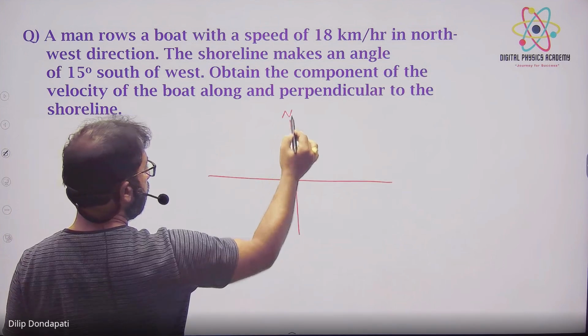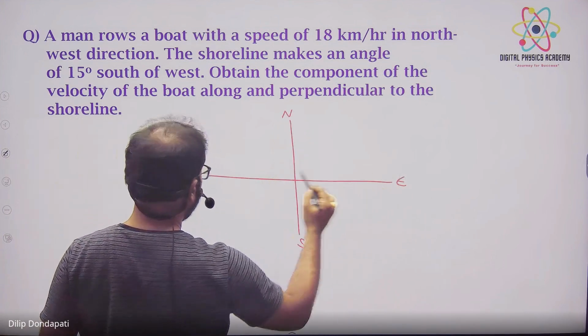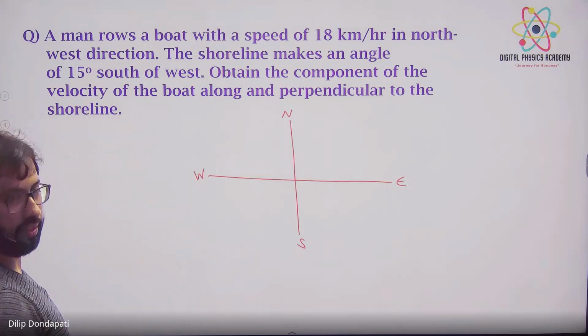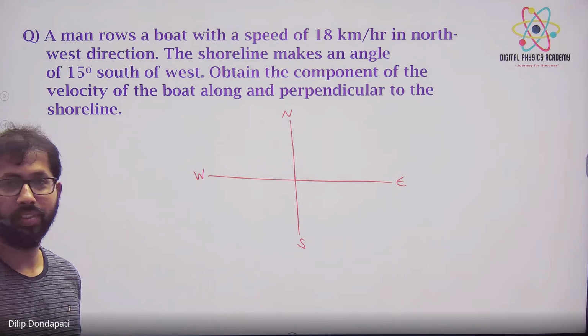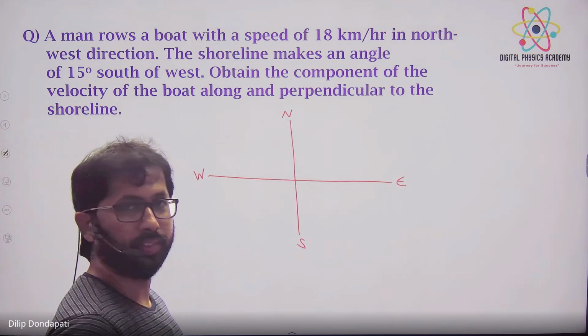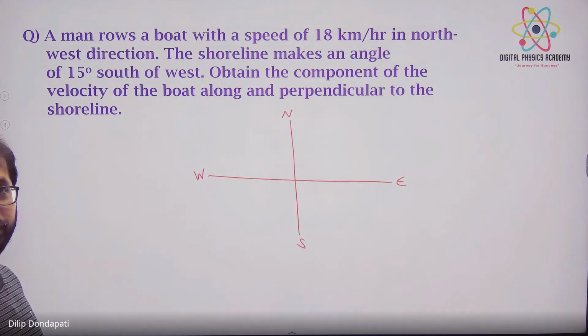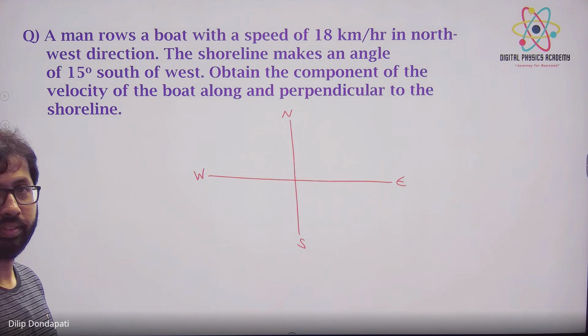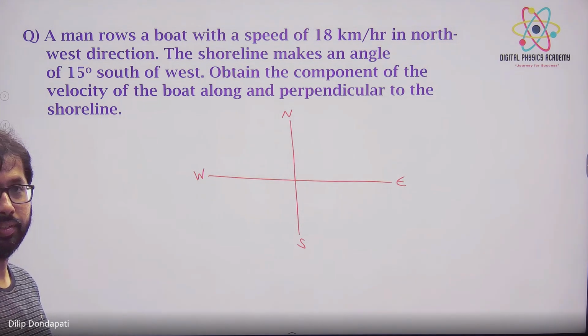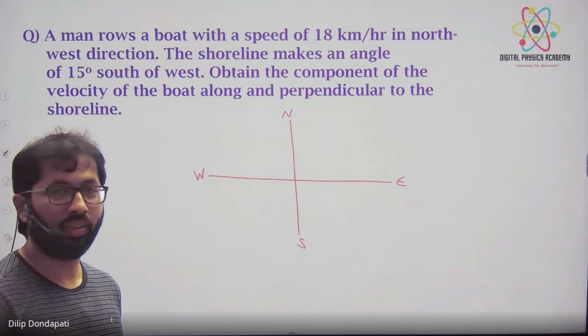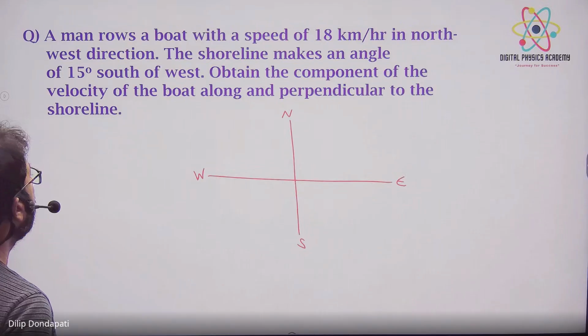This is north, this is south, this is east, this is west. Okay, big diagram. Correct. Sir, I got 9 into root 3 minus 1 by root 2. Yeah, sir, I got the same. I'm also getting an irrational denominator. No, wrong. Why are you counting so much? Sir, you can also write it as 9 root 2 into root 3 minus 1 by 2. Wrong.